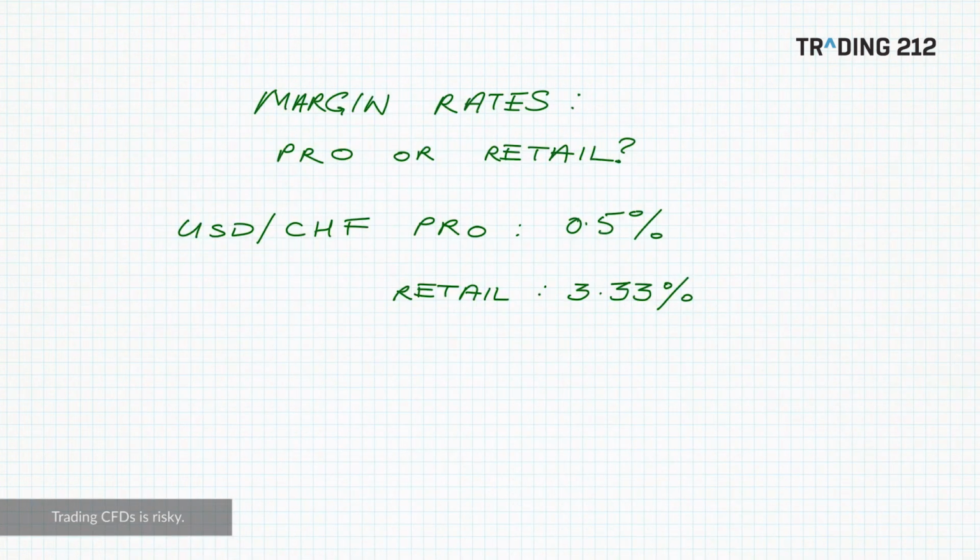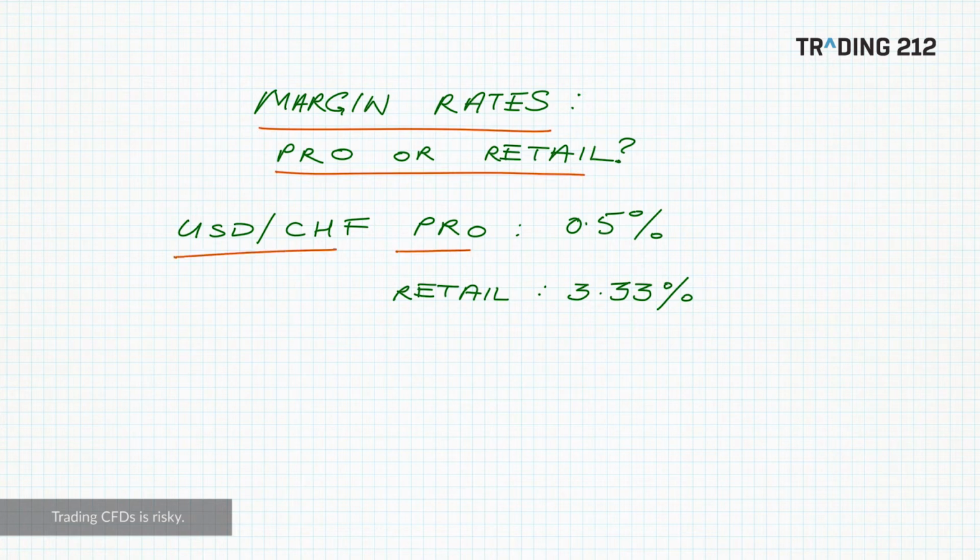So having worked through the numbers for the margin rates for a professional client, I should point out that the leverage is lower for retail clients, and that's just there as a protection in terms of that risk aspect that accompanies higher leverage. So the margin rates with Trading 212 vary according to whether you're pro or retail. And for dollar Swiss, the pro rate, as we said, was 0.5%, and the retail margin rate is 3.33%.